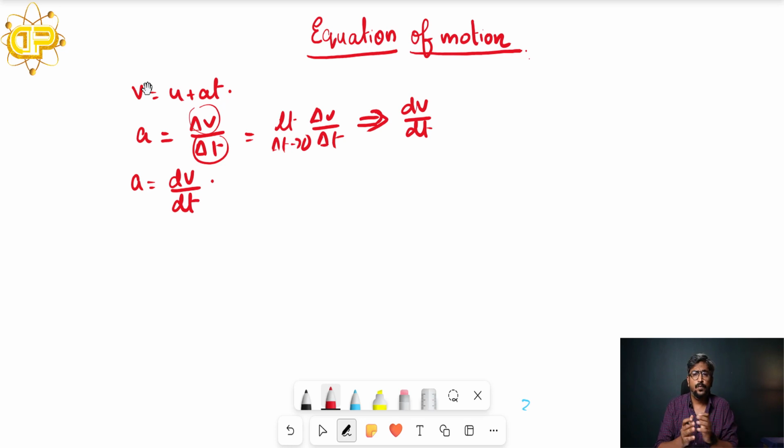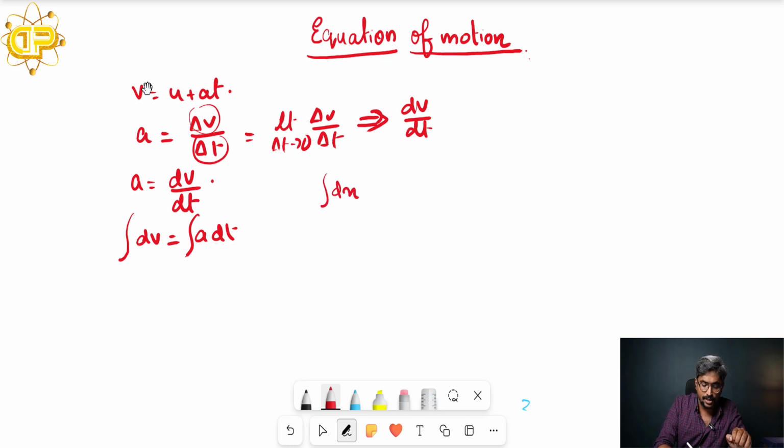From here, we will do some calculations. We rearrange and get dv is equal to a dt. Now we will derive this equation using the integration process. We integrate both sides, LHS and RHS. You know that the integration of dx is equal to x.